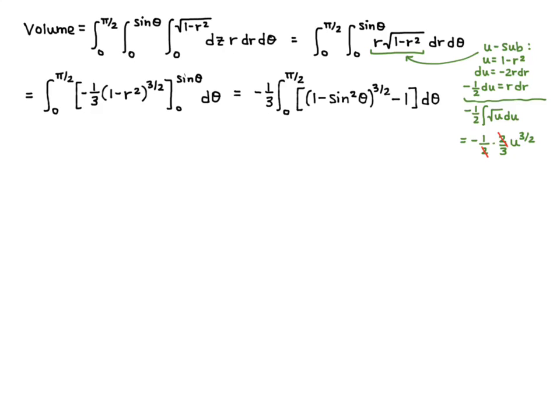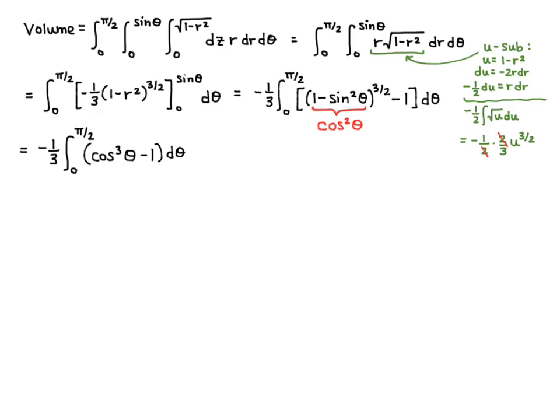So now I have 1 minus sine squared theta, quantity raised to the 3/2, minus 1. What I know is that this part is cosine squared theta. So it simplifies into negative 1/3 integral from 0 to pi over 2 of cosine cubed theta minus 1 d theta.